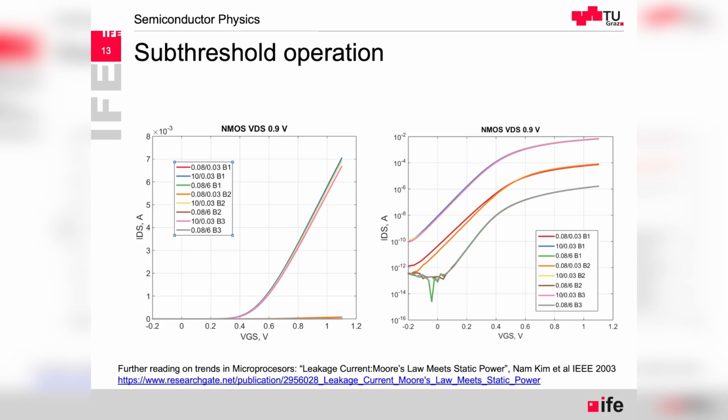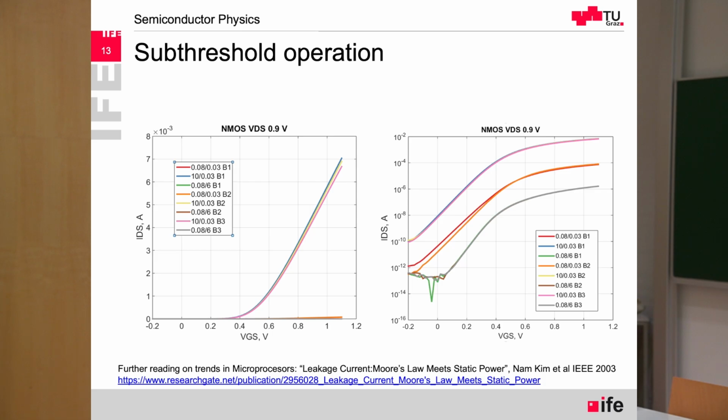And how much more detail we can read from the transistor, how much we can learn about the transistor if we also look at the subthreshold characteristic in the logarithmic scale. So in the linear scale, maybe we can extract the threshold voltage, but we can learn much more when we also analyze the characteristics at low current.